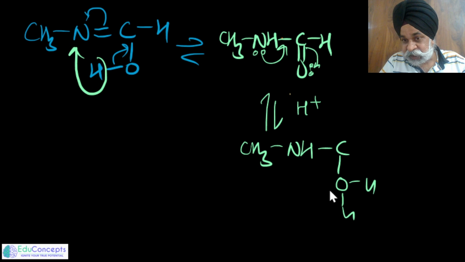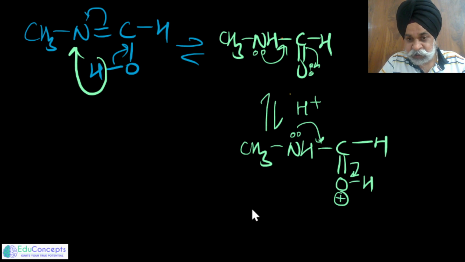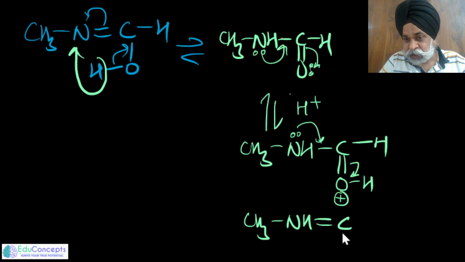H positive again attacks the carbon of the carbonyl group. Here you would get a positive charge on the oxygen, and the lone pair goes here and this bond opens like this. This is nothing but a resonating structure.